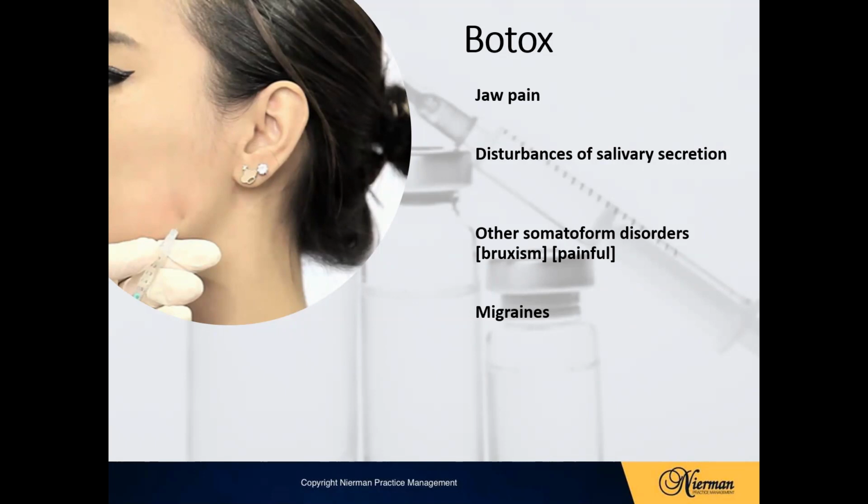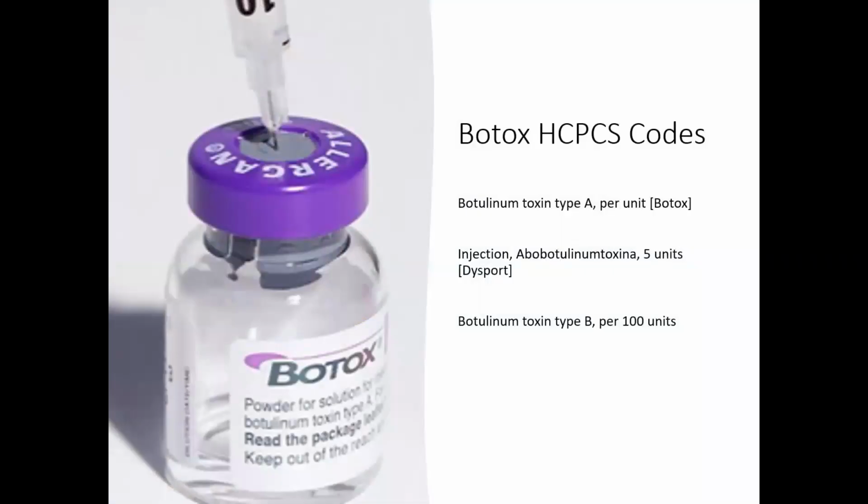But it is something that they've suggested that might be paid for Botox for painful jaw pain or bruxism. The neat thing about Botox is you can bill the Botox itself too. So you're actually going to bill 2 codes. You'll bill the service, the injections, and the actual toxin as well.